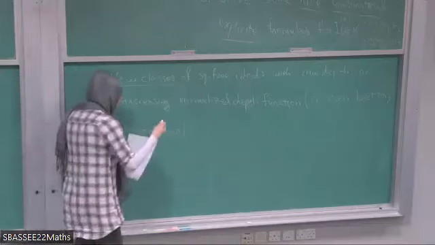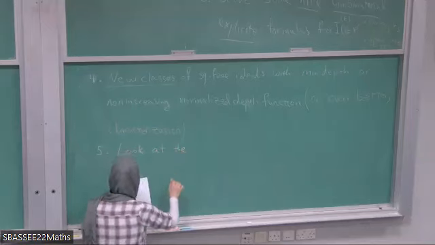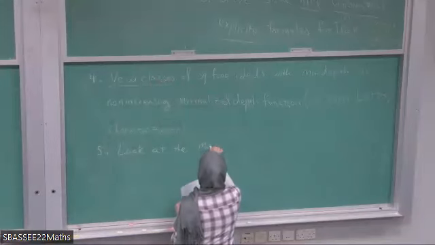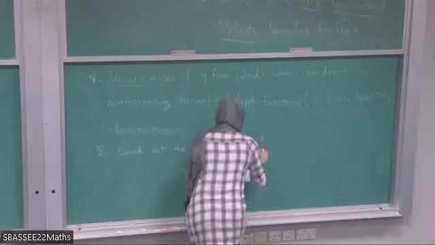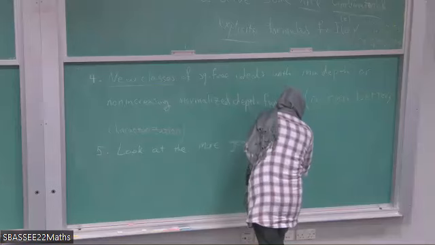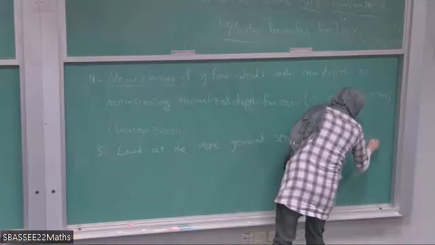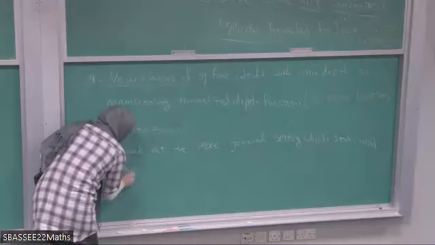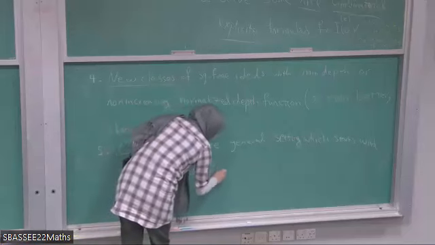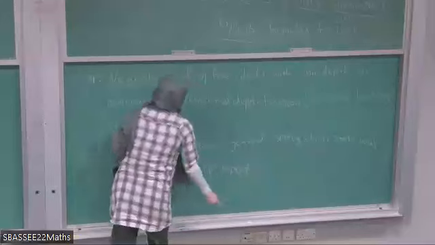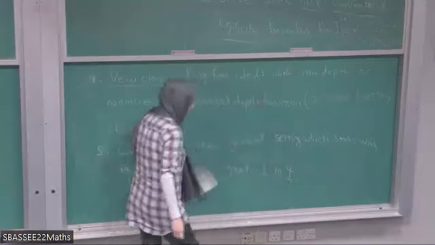So based on this definition, look at the more general setting, which starts with any monomial ideal, and repeat 1, 2, 4.